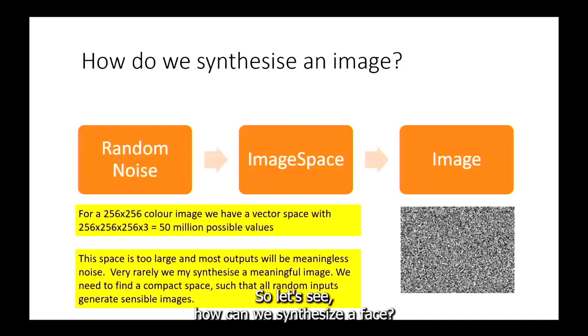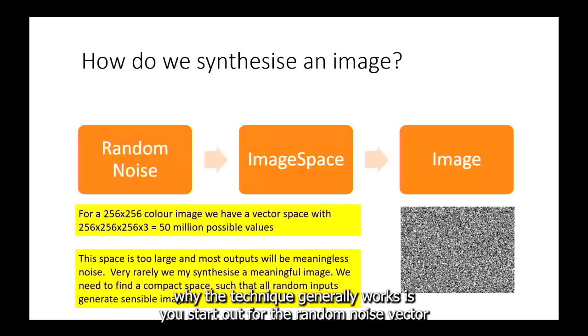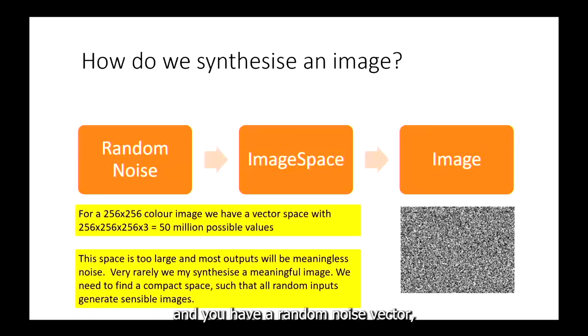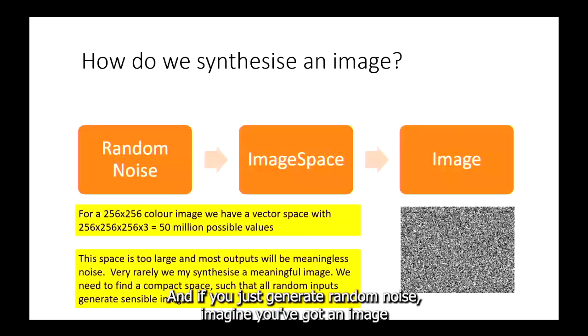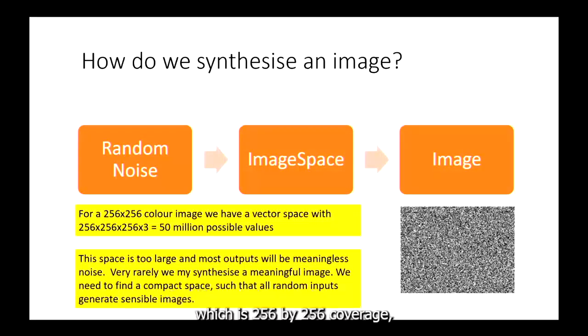So let's see, how can we synthesize a face? Well, the way the technique generally works is you start off with a random noise vector, and then you convert that into an image. Imagine you've got a 256 by 256 color image, so you've got 256 by 256 pixels.